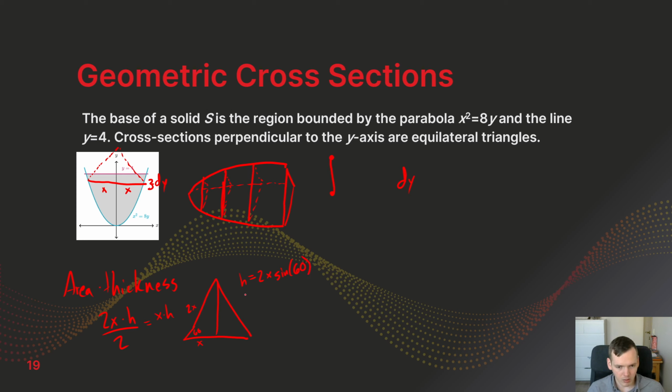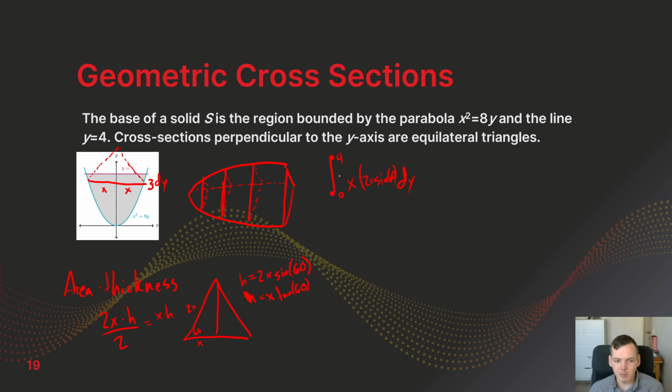Or if you prefer, h is equal to x tangent of 60. But that's our height, and that's just from the trigonometry of this triangle. So coming over here, we're going to have x times 2x sine 60. And we're going to integrate from 0 all the way up to y equals 4.